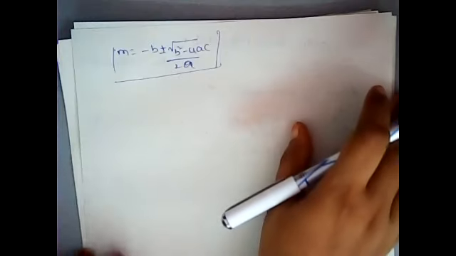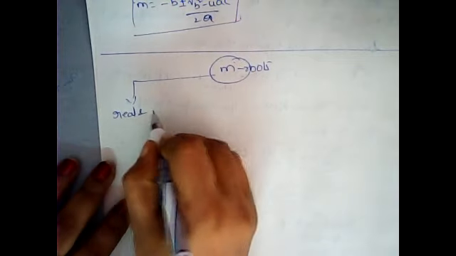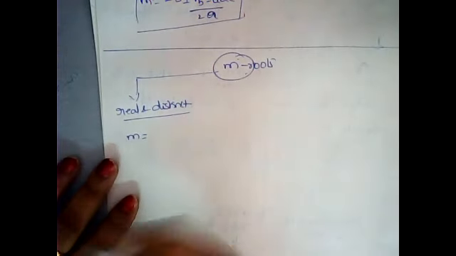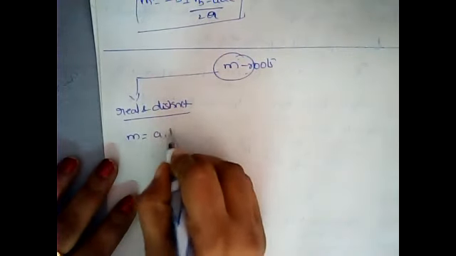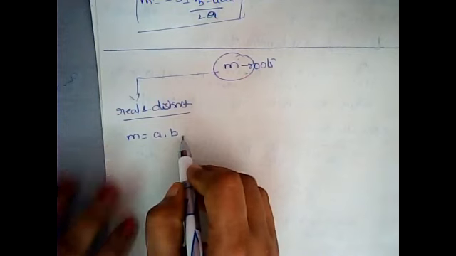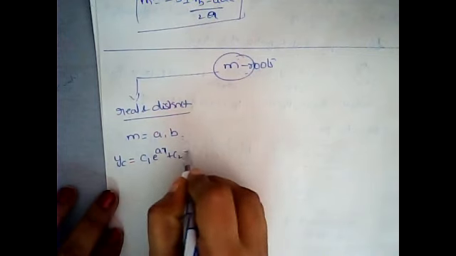In the same way, if you are reducing it into factors and having the roots directly, then for m we have the following cases. If the m roots are real and distinct, suppose by solving the given equation you got the roots as m is equal to a, b, where a is different and b is different, then yc will be taken in the form of c1 e power ax plus c2 e power bx.